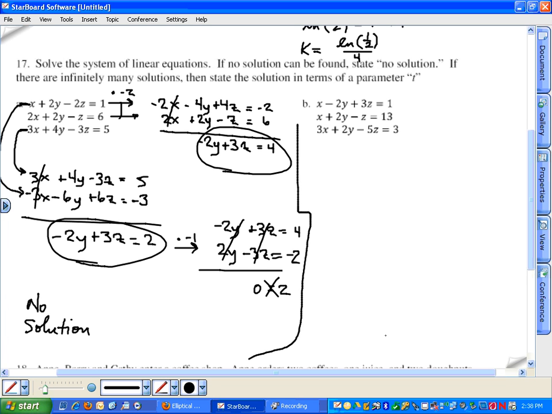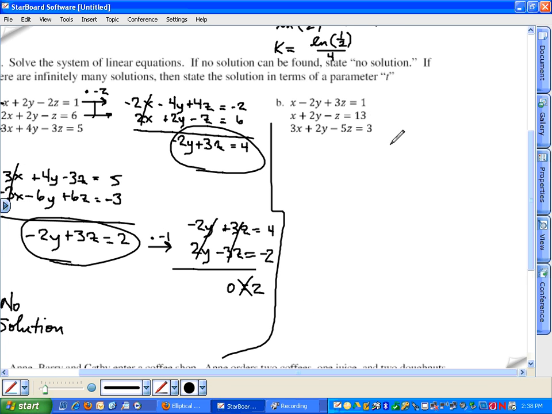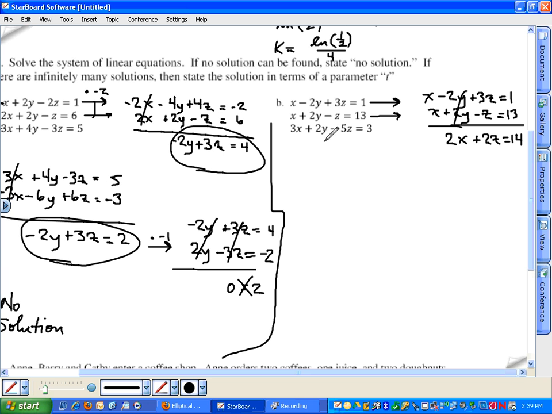If I take the top two equations and add them, so I'm going to have x minus 2y plus 3z equal to 1, and x plus 2y. If I add the top two equations without multiplying either of them, the y's will cancel, leaving 2x plus 2z is equal to 14.